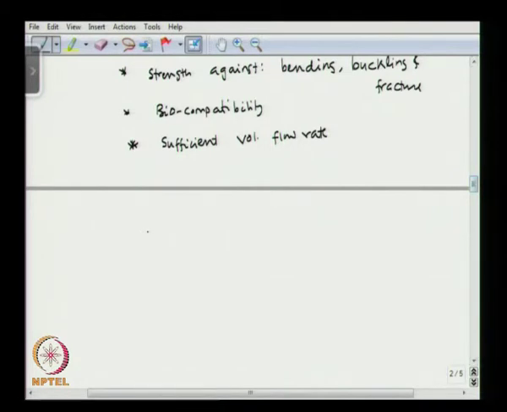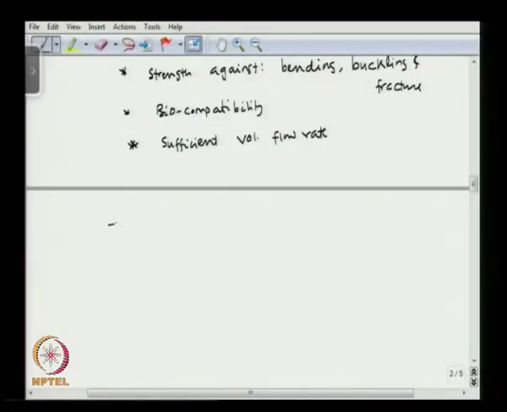Now, if we are inserting a microneedle into the skin, the insertion force needs to be less than the buckling force, and it should also be less than the fracture force, otherwise the microneedle will break before it is inserted. So, the condition is that the insertion force, let us call it Fi max, because the insertion force varies as it penetrates into the skin.